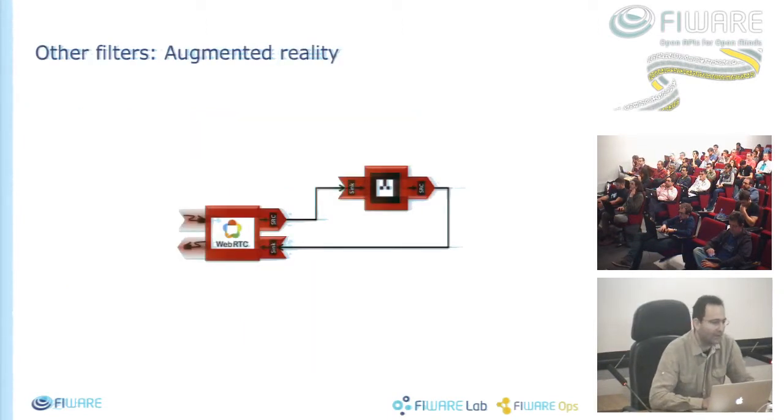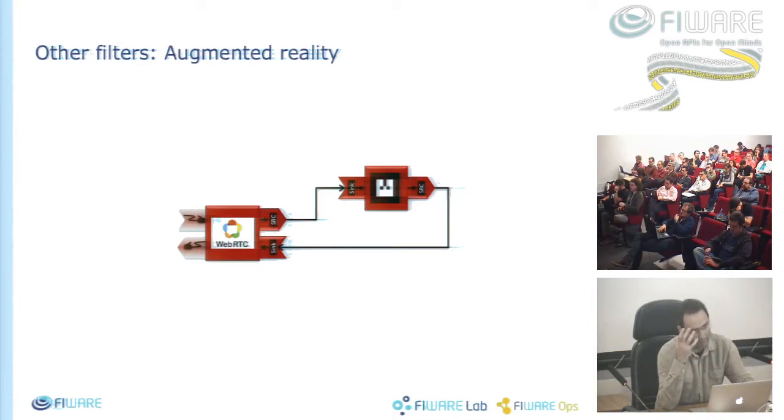One of the things that I can do with the media is use augmented reality. So I don't know if you know what is augmented reality, but basically it's putting things on top of the reality shown by the media. Our previous example, the example of the hat, was augmented reality based on a face detector.